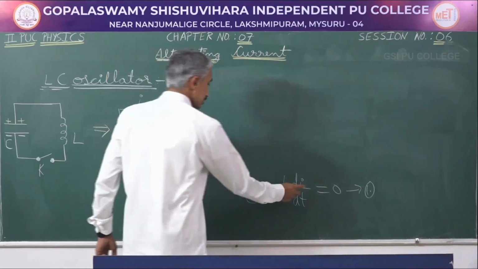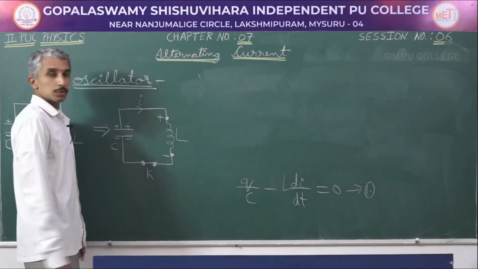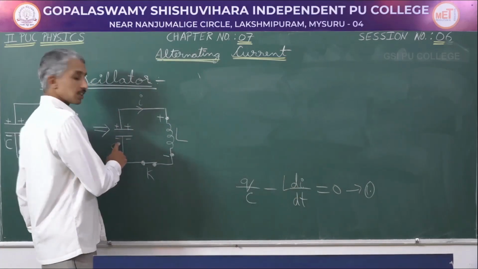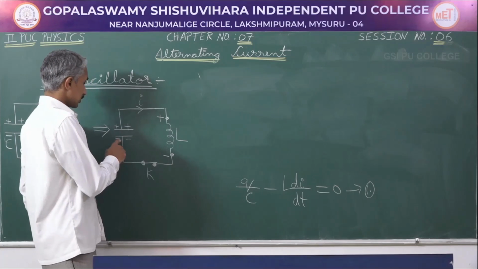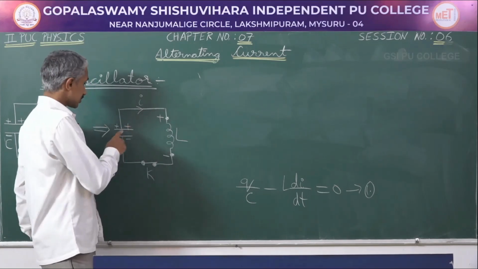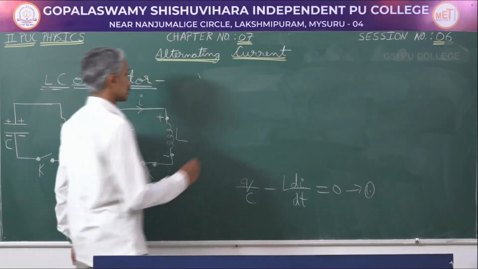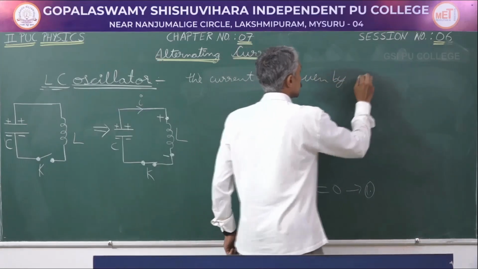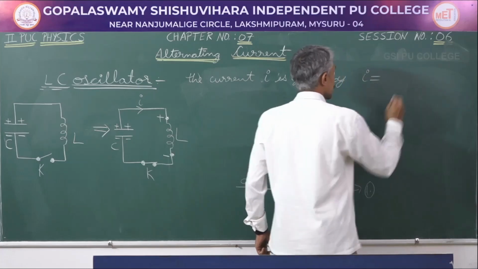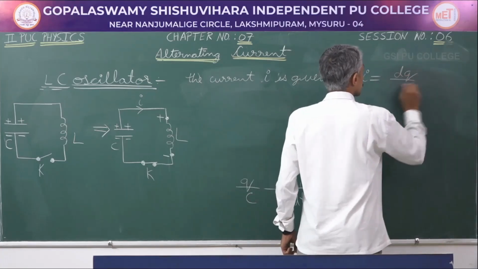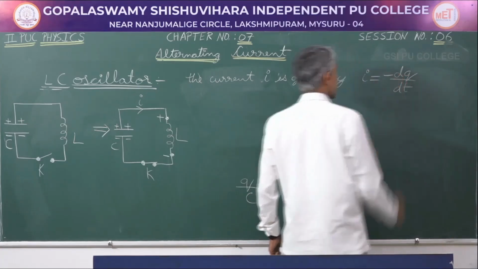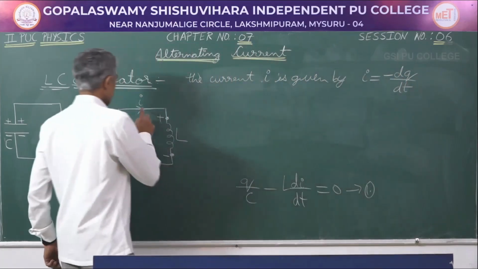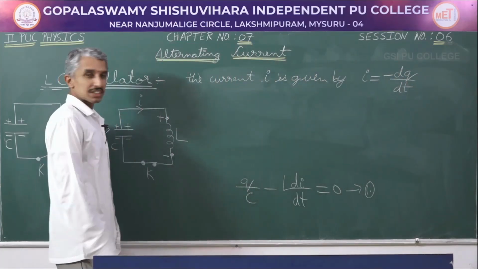Before rearranging, the current in this circuit is because of discharging of the capacitor, and as current increases, the charge on the capacitor decreases. So, I can write current I is equal to rate of flow of charges, and it is minus dq by dt, because as current increases, the charge on the capacitor decreases.